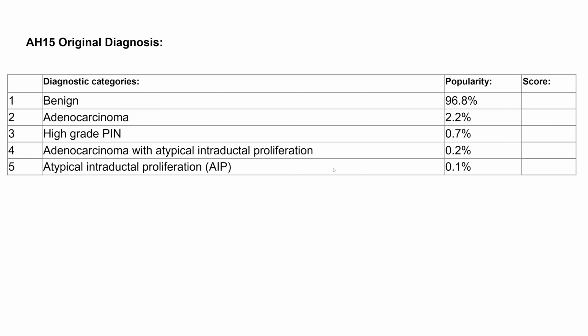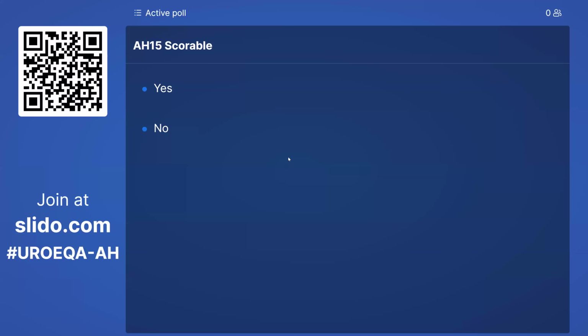So if we have a look at the responses, 97% of us would have called that benign, although 2.2% said adenocarcinoma, and a spattering of other diagnoses such as high-grade PIN, which I don't think there were any particular features of. Adenocarcinoma with AIP as well was noted. So I think with a 97% consensus, we can probably score it, but we'll ask the question.